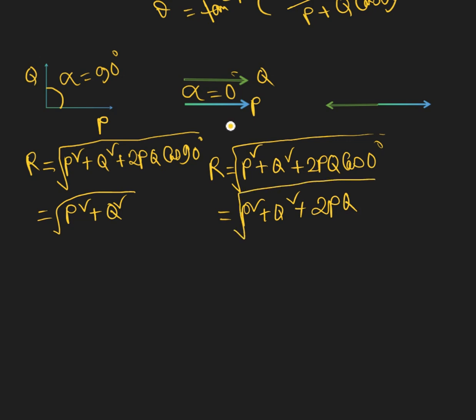So we could write down P plus Q whole square under the square root, and this will be P plus Q, correct?